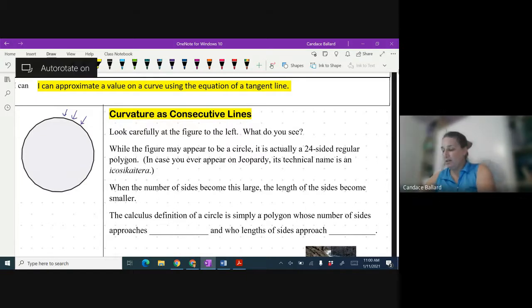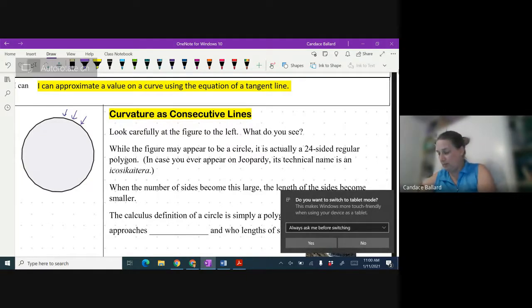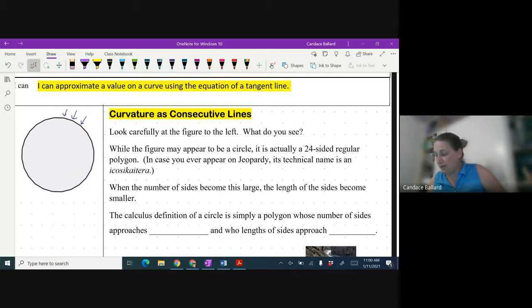So the calculus definition of a circle is simply a polygon whose number of sides approaches infinity and whose length of sides approaches 0. So that's basically what a circle is: we're getting more and more sides, and the length of the side is getting smaller and smaller.